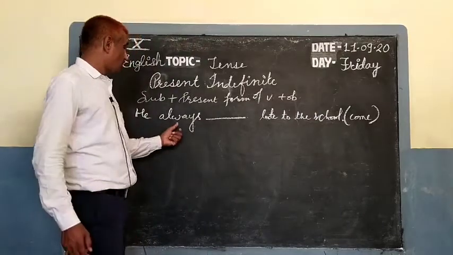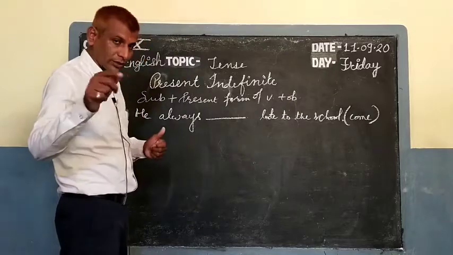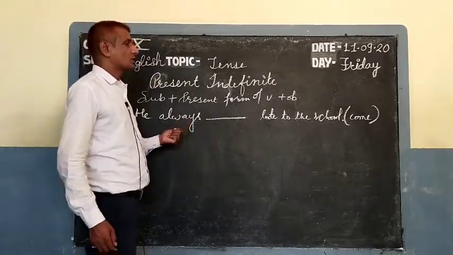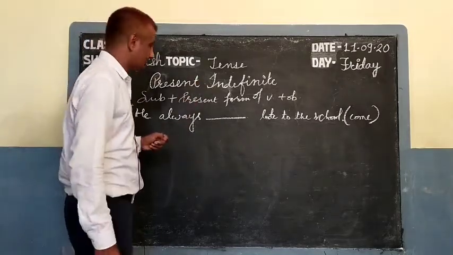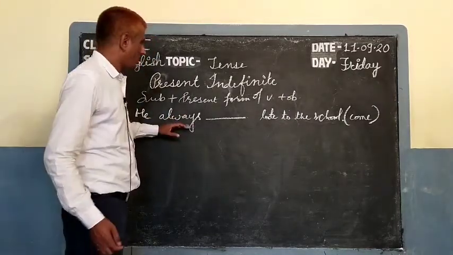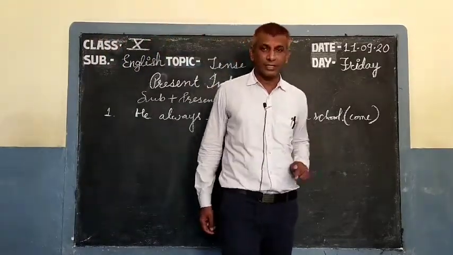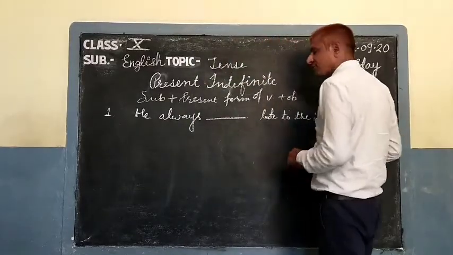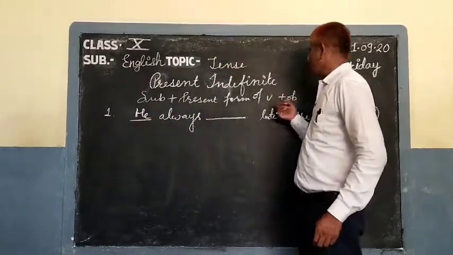There is the word always. If you remember, in those words I told you, always is an identification for the present indefinite. So according to present indefinite, we use subject plus the present form of the verb.